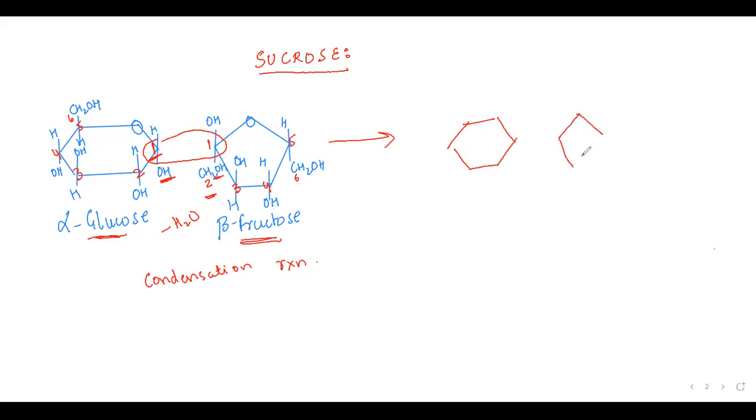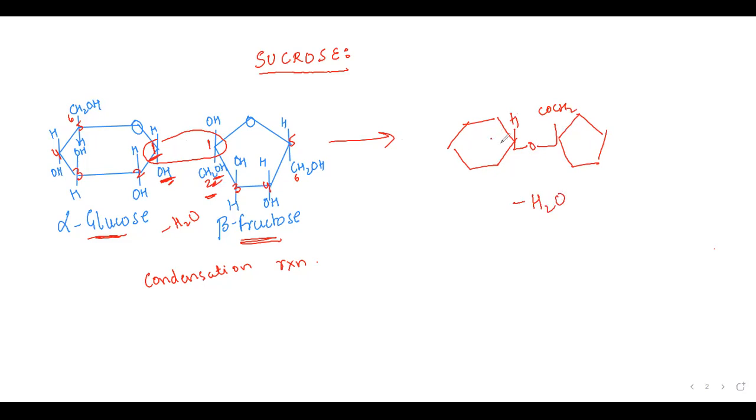And here we have this other ring. These two will combine together in this way, and oxygen will form a bond between these two. This is CH2OH, it remains as it is, and there will be a loss of one hydrogen from here and an OH from here, and this loss will lead to binding between these two.